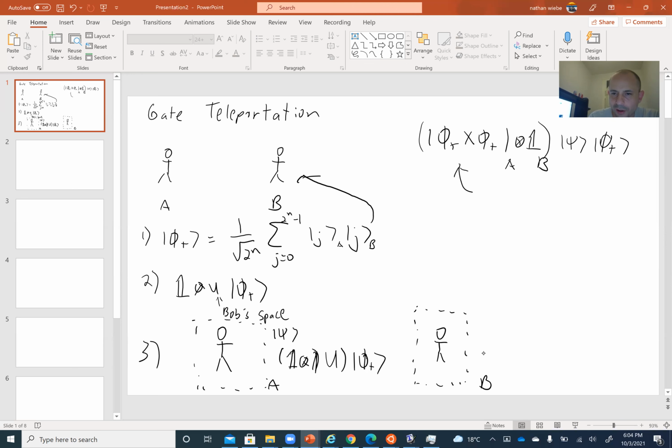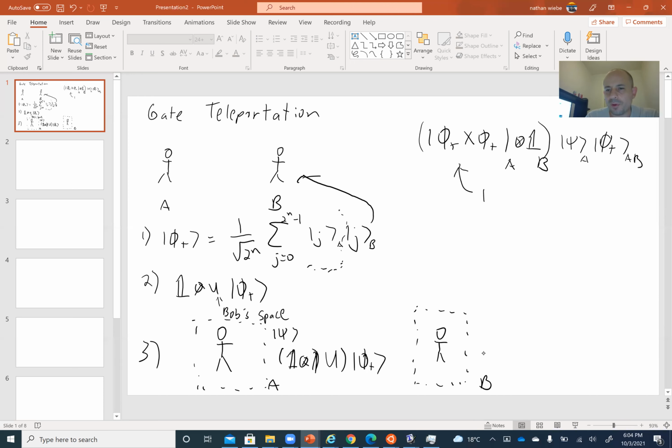So just to be clear, this phi plus register spans only Alice's information and half of the qubits on the entangled state between them, i.e. this touches that part of phi plus, but not the B part of phi plus.